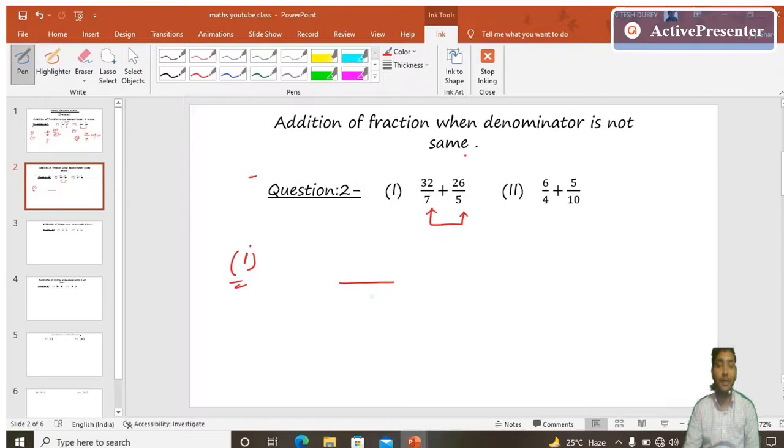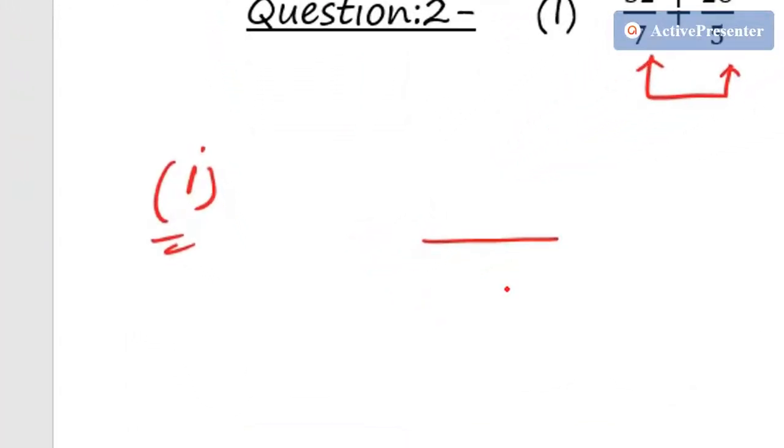Now the LCM of 7 and 5 gives us 35. Now if you want to solve this question, first you will have to remember the table of 7 and the table of 5.